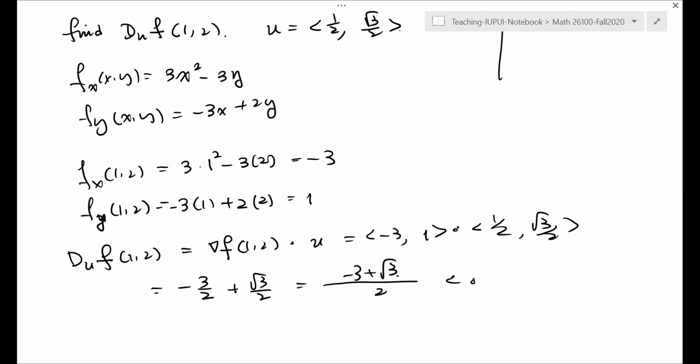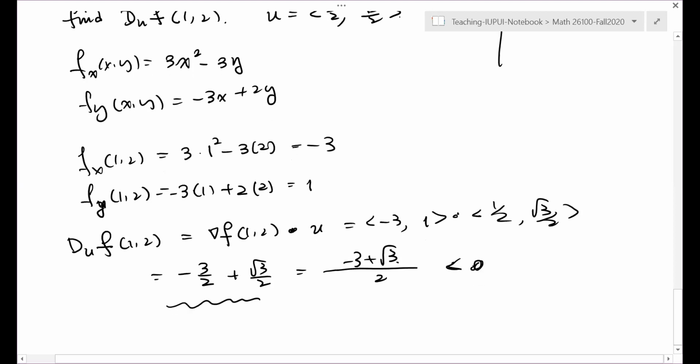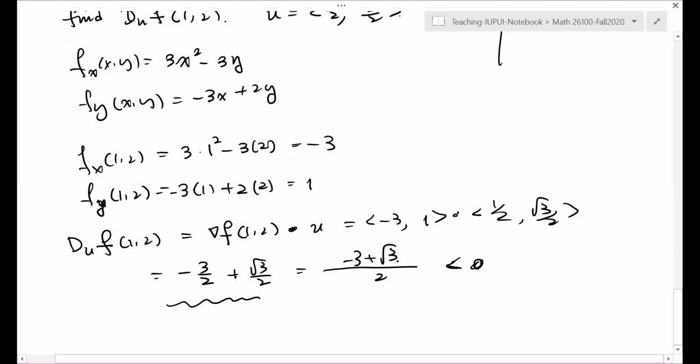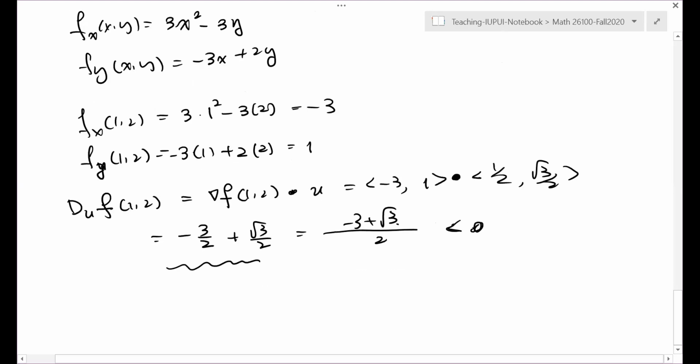Would you mind explaining what you did in the very last line? How did you come to this from the previous line? Okay, this is a dot product. That's a notation.